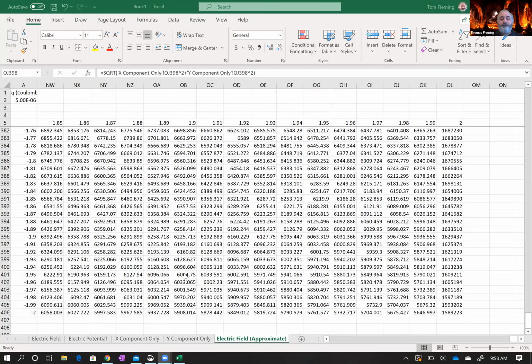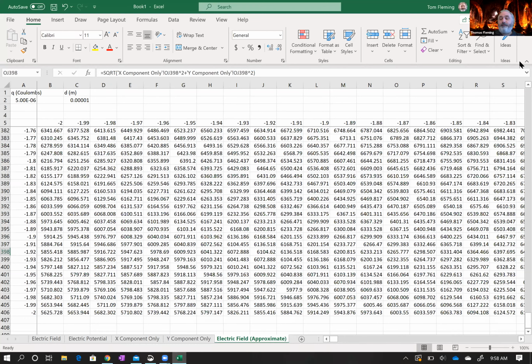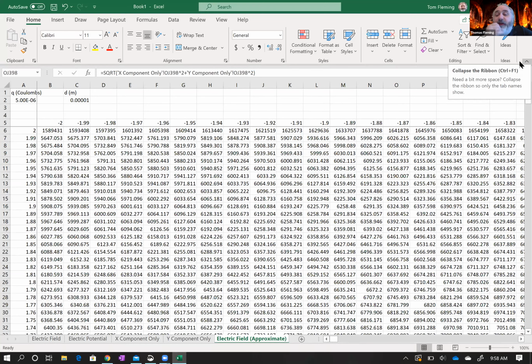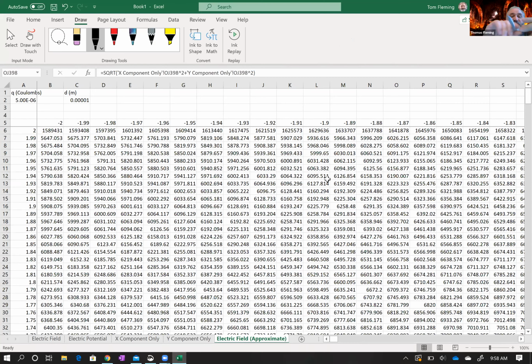So this is the electric field that we got by doing this approximation. Now, the electric field that we're calculating on this sheet, we don't expect to necessarily match the real answer because we're using this delta V over D formula, and we only expect that to work if the electric field is uniform.